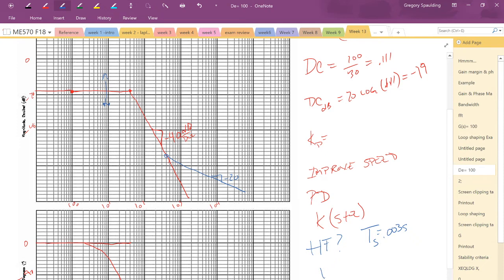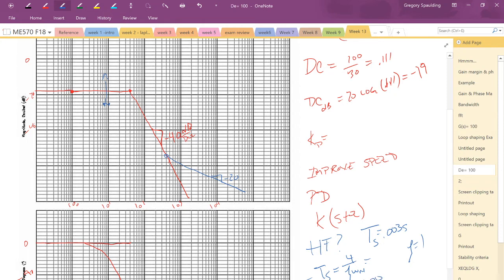And so remember, settling time is equal to 4 over zeta omega n. And so if we solve this, 0.003, and we say let's minimize the overshoot, so let's set zeta equal 1 and solve that for omega n. We get an omega n of approximately 1200.